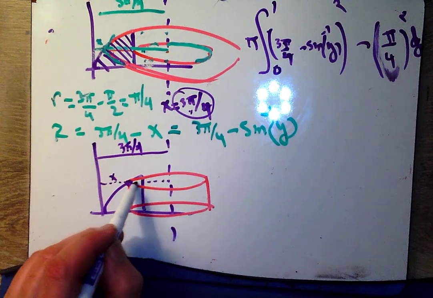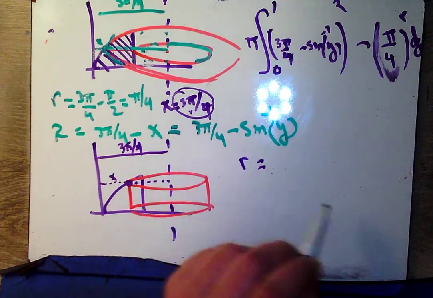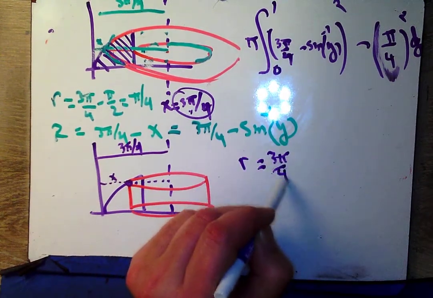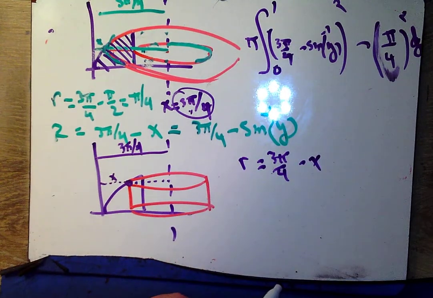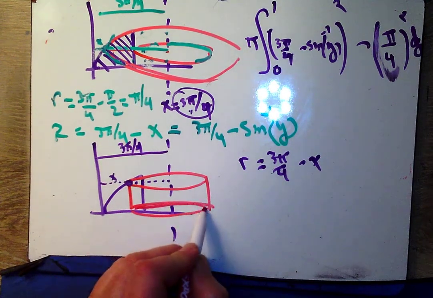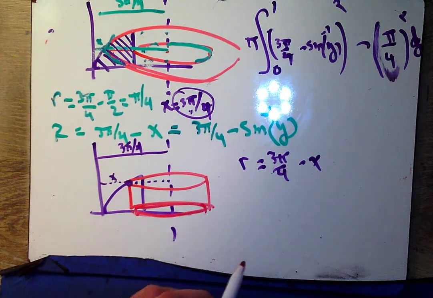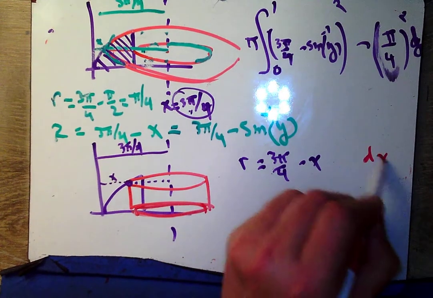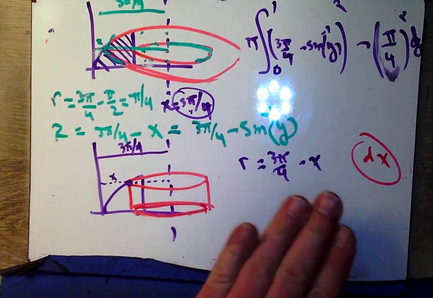So my radius must be 3 pi over 4 minus x. Okay. Is this dx or dy? Well, I see the thickness down here as being a horizontal thickness, and so I know this is a dx integral, and therefore this is great.